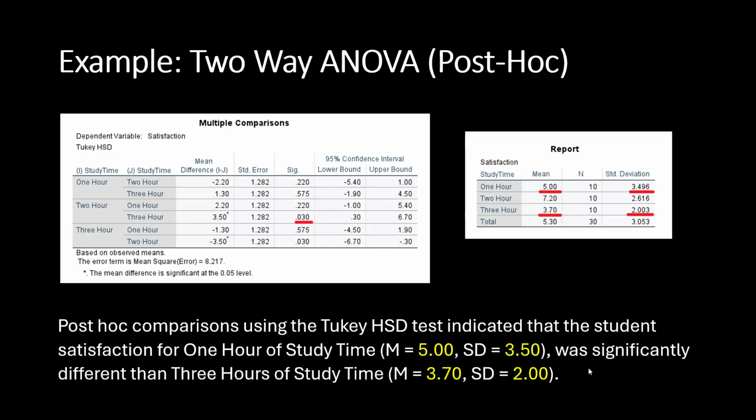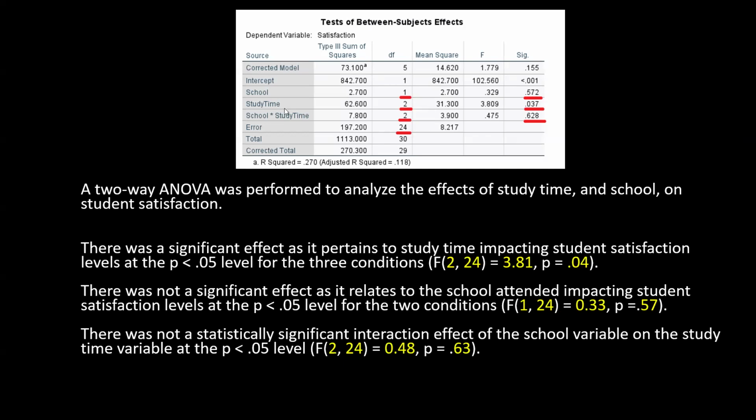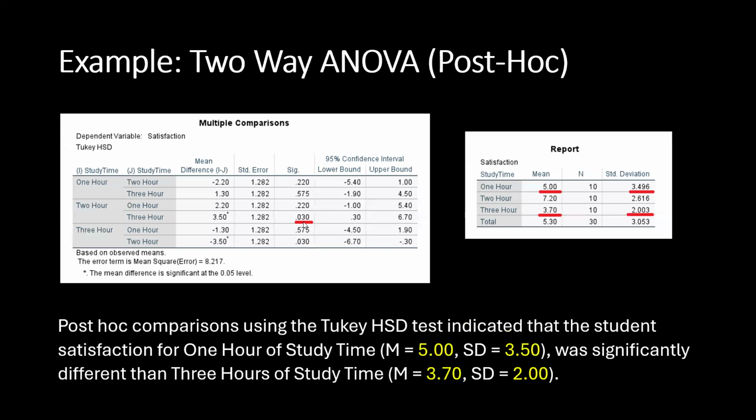So because our findings were significant as it relates to study time, we're going to do a Tukey's HSD post-hoc analysis, which is one of the most common post-hoc analyses which can be utilized to do post-hoc analysis. And we did that in SPSS, and this was our outcome here.